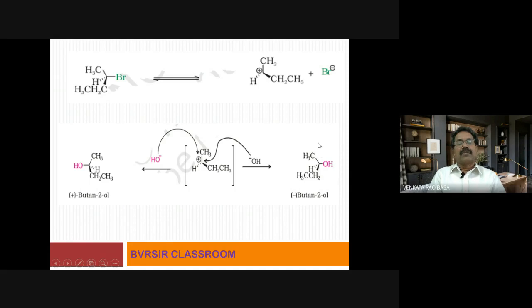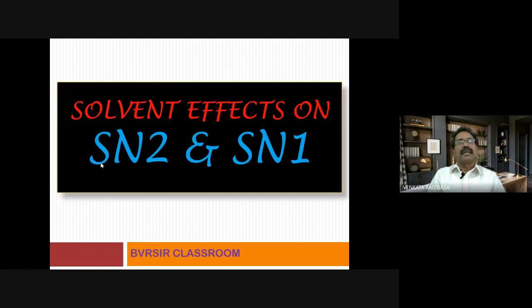Now 50% possibility is this product and 50% possibility is this product. That means the final product will be a 50-50 mixture. That type of mixture is called a racemic mixture, and the process is called racemization. So in SN1 we come across racemization, and in SN2 there is inversion of configuration, which is called Walden inversion. I hope you understood this concept.